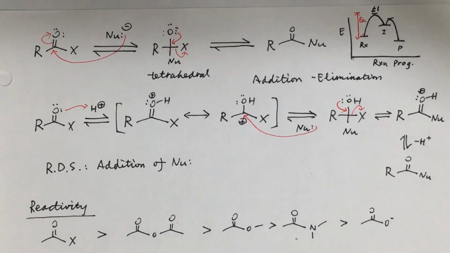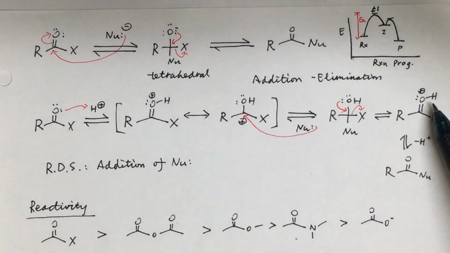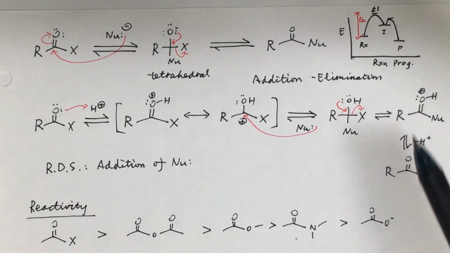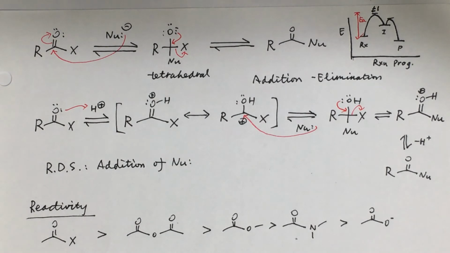Okay, so under these circumstances, whenever you have a hydrogen bonded to a positively charged oxygen, that hydrogen is very acidic. So this hydrogen is very easily removed, essentially generating this substitution product.